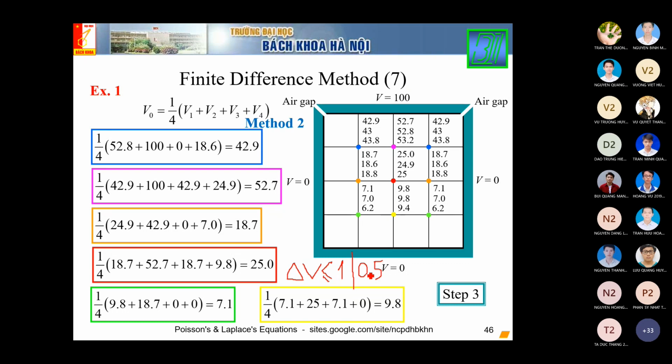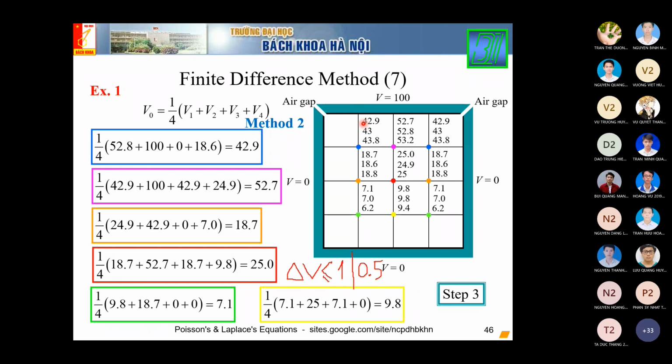Are you right? And can we stop at the third step? Yes or no? Yes, because remember that the absolute error between the second step and the third step, we found that it is 0.1, and 0.1 is smaller than 0.5, so we can stop at the third step.